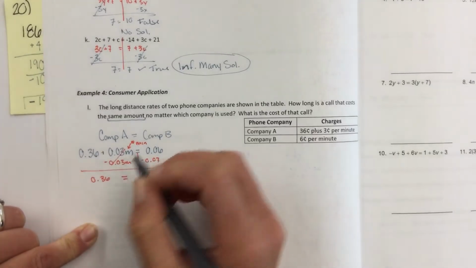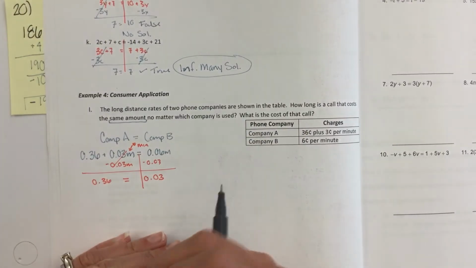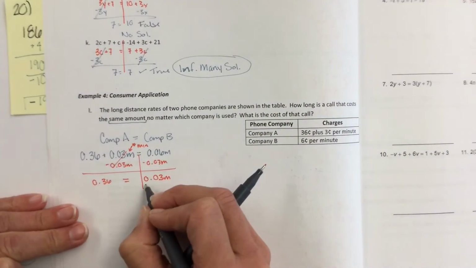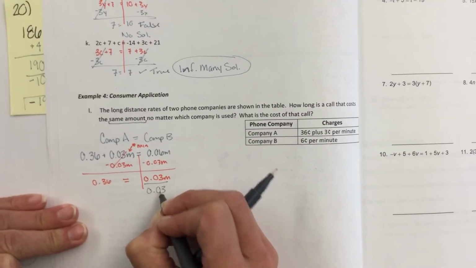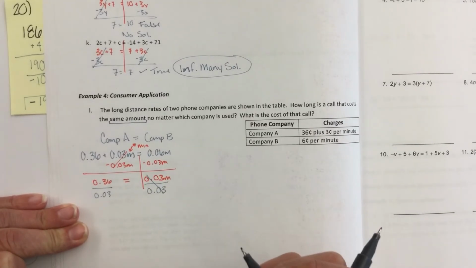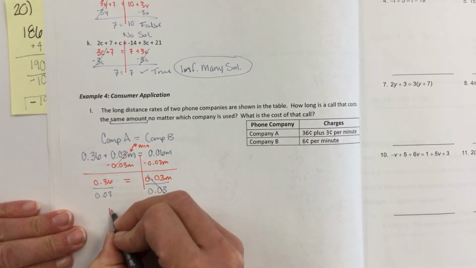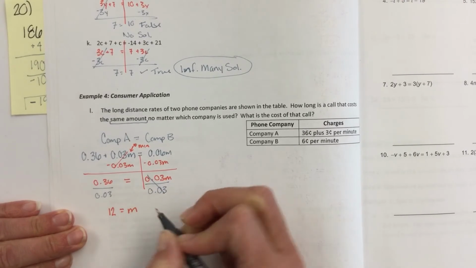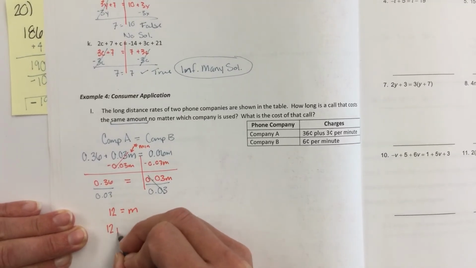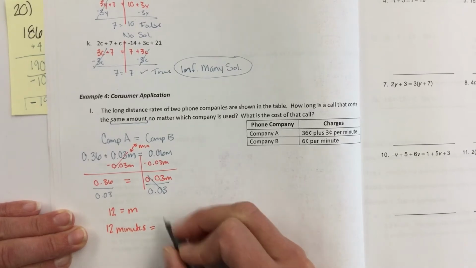Oh, hold on. Oh yeah, there's supposed to be an m on this one. Silly me. And then to get m by itself, I'm going to divide by 0.03. And then 3 goes into 36 12 times. And that accounts for your decimals. So in 12 minutes, they will be equal.